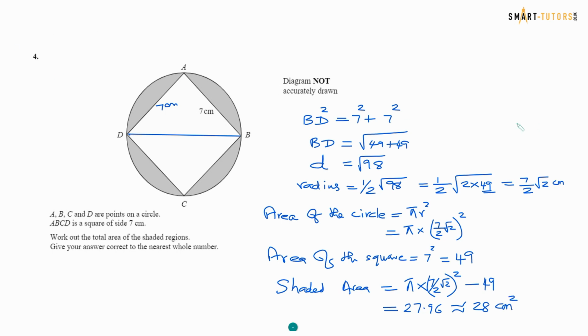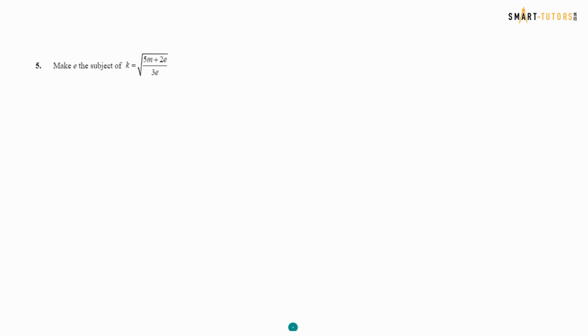That is question number 4. Question number 5. Make e the subject of k equals the square root of (5m plus 2e) over 3e. When you see the square root, you need to square both sides. So k squared equals (5m plus 2e) over 3e. Do a cross multiplication: k squared times 3e equals 5m plus 2e.